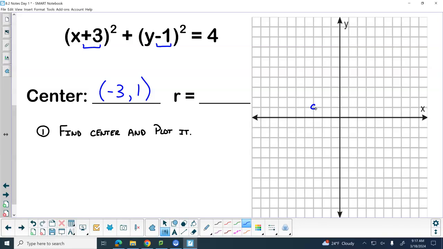Okay. Step number 2 then says you are going to find the radius and draw your circle.